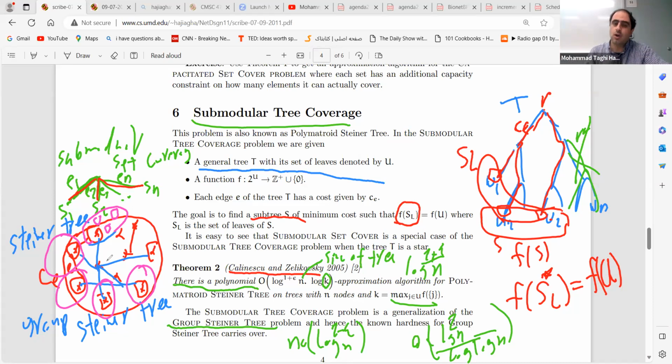So I have a choice to connect this guy, for example, or this other guy. And these two might be quite different. I decide which one. I don't need to connect both. For each terminal set, I only need to connect one of these.